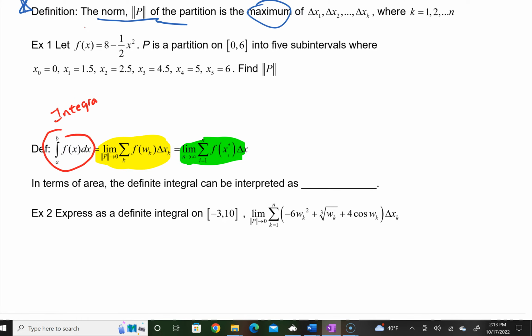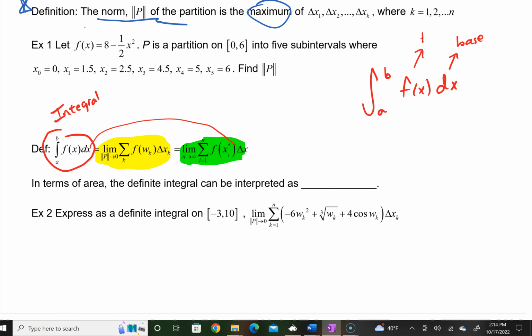This is the second pillar of calculus, integral calculus. When you see, I'm going to rewrite this right here, the integral from a to b of f of x dx, the dx is actually going to be identical to delta x. That's really the base of your rectangle.